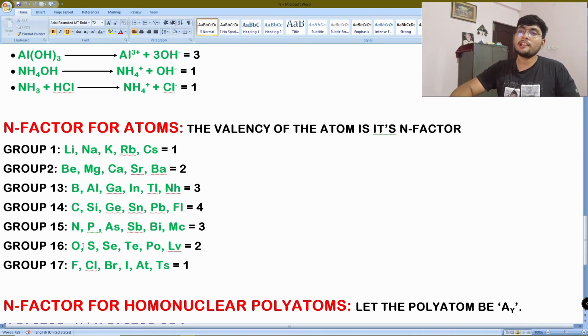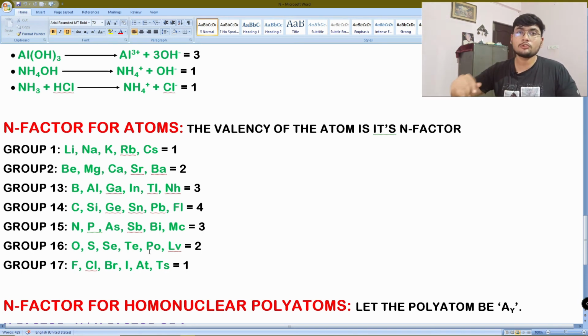In group 16 the elements are oxygen, sulfur, selenium, tellurium, polonium. So basically the valency of oxygen, sulfur and so on is 2, all right? The ground level valency we are talking about, not the excited level valency, all right? In the ground level the valency is 2, right? So for the group 16 elements, the n factor will be 2.